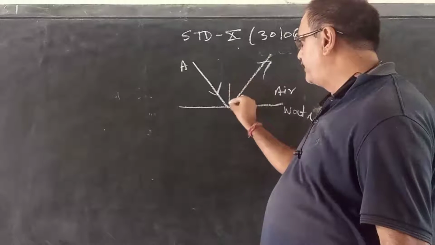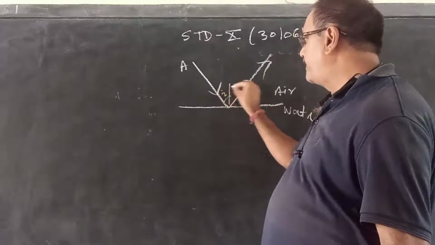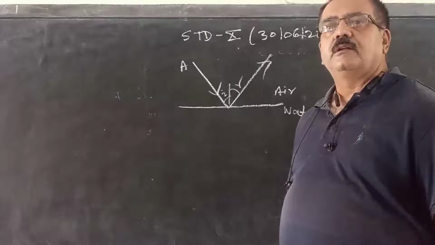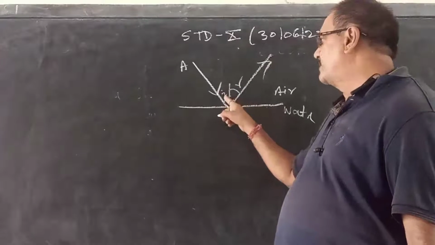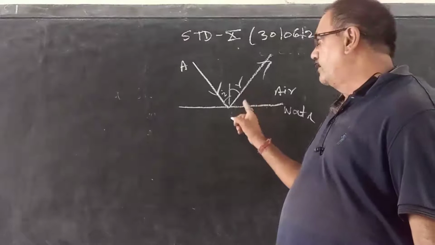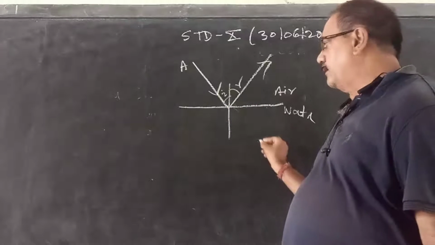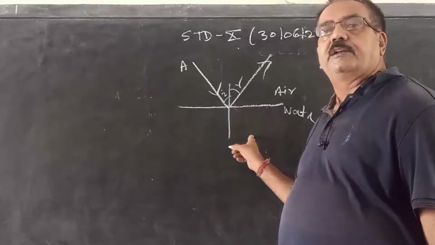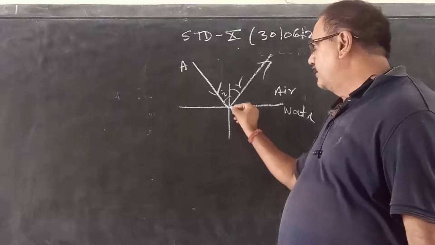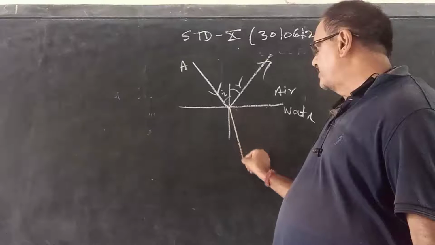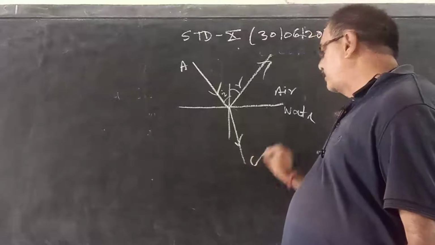Take the normal, this is the angle of incidence, this is the angle of reflection. In reflection, the angle of incidence equals the angle of reflection. Now when this ray strikes the other medium, water, because of the different medium, speed will decrease, so refraction will take place. This angle we have given as C.